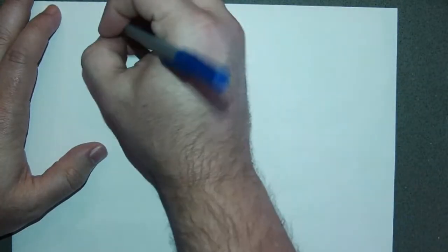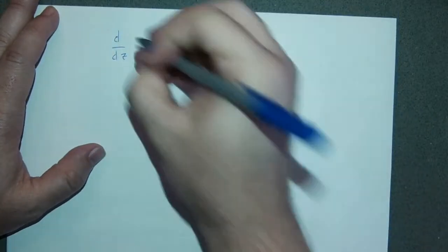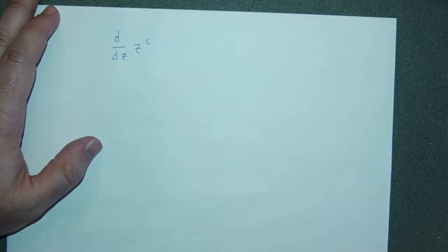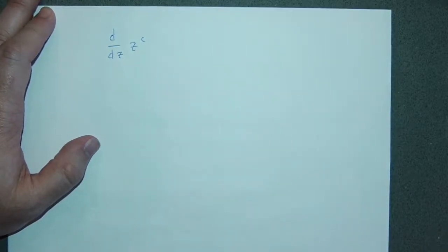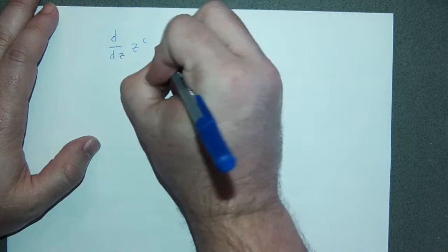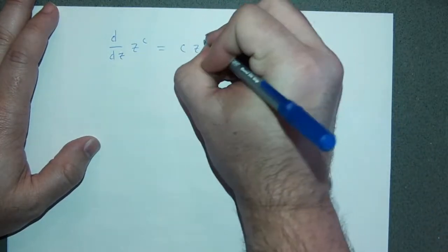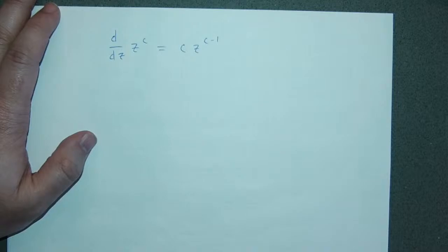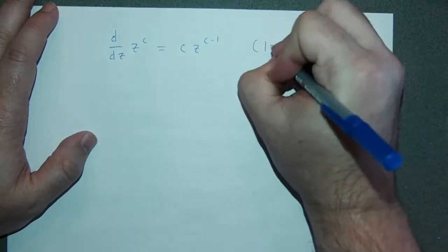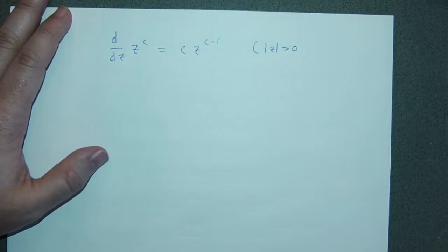So just rewriting our result here, the derivative of z to the c, right, where these are both complex numbers, right? It's complex valued z exponentiated to complex number c. This is actually c z to the c minus 1. Okay, where, of course, the modulus of z is taken to be greater than 0, so then I can't do this for z equals 0.